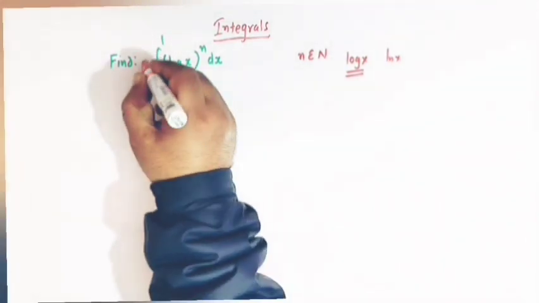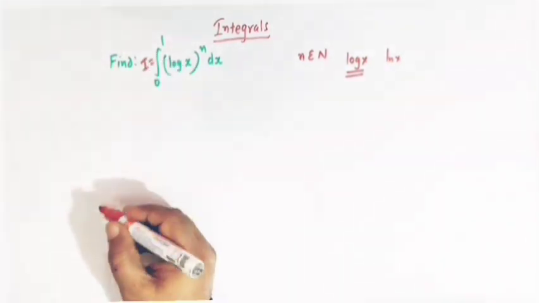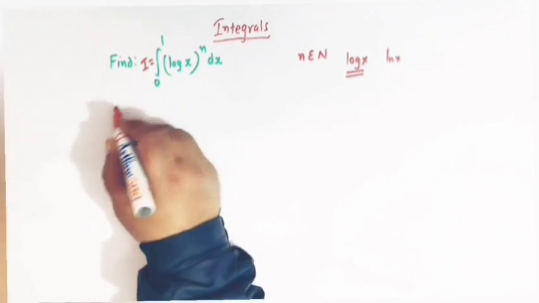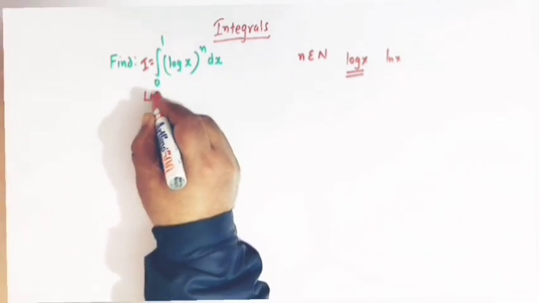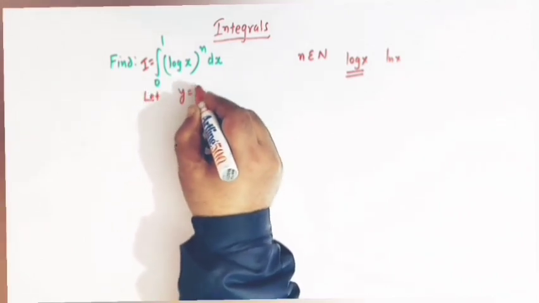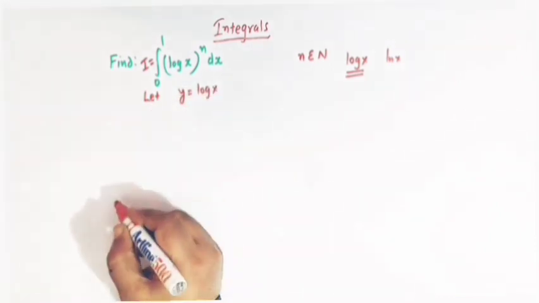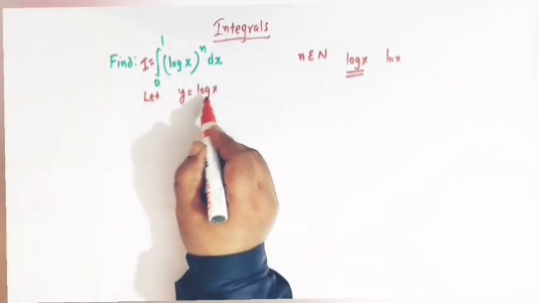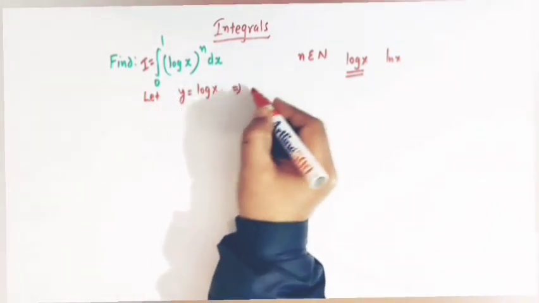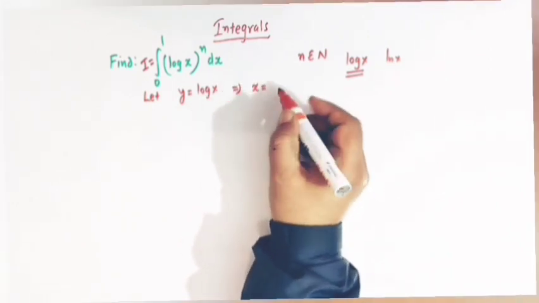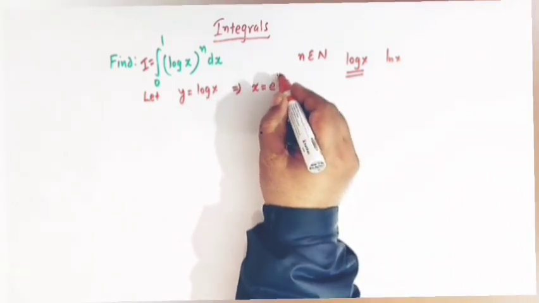So let us take this integral as I, and let us make the substitution y is equal to log of x. So when we take y is equal to log of x, it implies that x is equal to e raised to y.